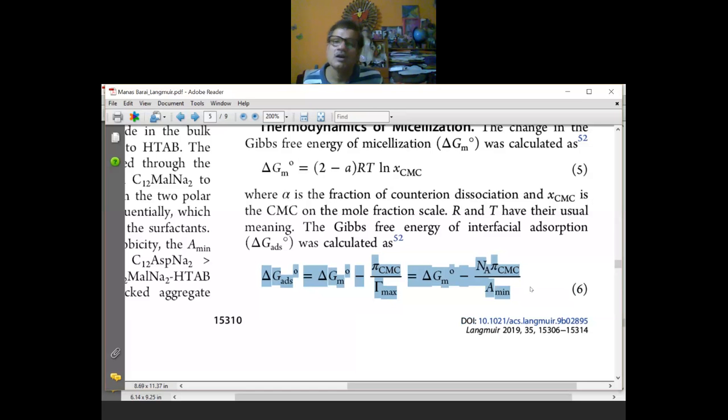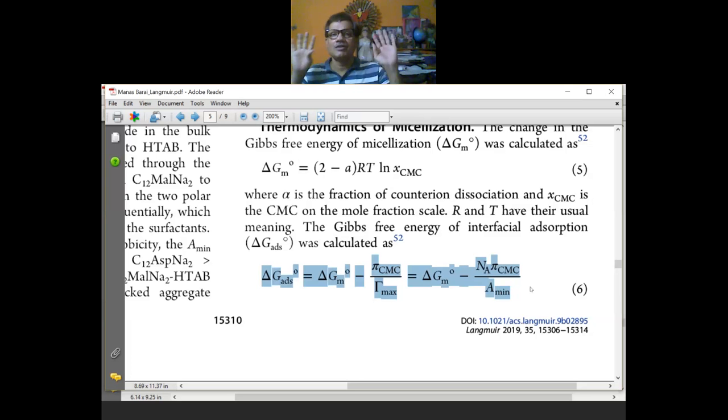I have already mentioned: pi CMC is the surface pressure at the critical micelle concentration. And how can we determine surface pressure? It is the difference between the surface tension of the pure solvent and that of the solution. So you can simply calculate the free energy of adsorption.